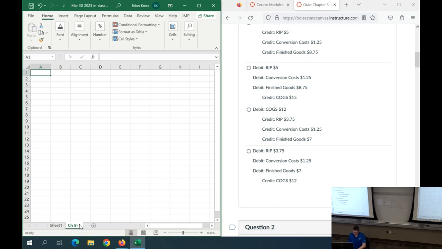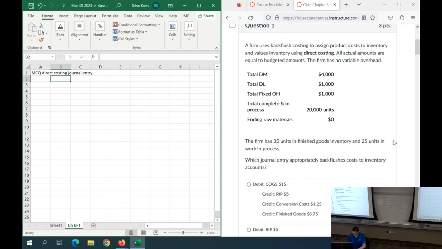All right, so this is our... So what I want to do is create some rates first. We had $4,000 of direct materials and $1,000 of direct labor. And we have 20,000 units, which we're going to use as our denominator.